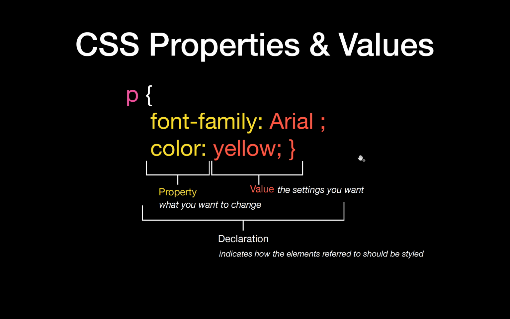So if we break that down, we have the CSS rule, which is this whole thing, and then we have the selector, and then we have the declaration, and within the declaration a property and a value, okay? So again, we'll do that demo in class.